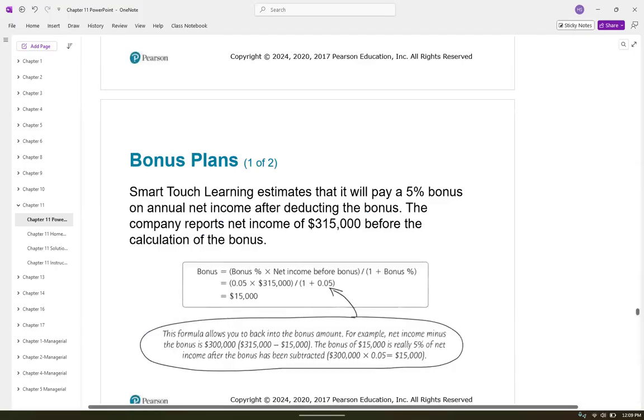Okay. So the first one they talk about is a bonus plan. And they say that they estimate that it'll pay a 5% bonus on the annual net income after deducting the bonus. So this is a little bit more complicated because of that after deducting the bonus. So we have the bonus percentage multiplied times the net income. Then we're going to divide that by 1.05, and that would leave us with $15,000.